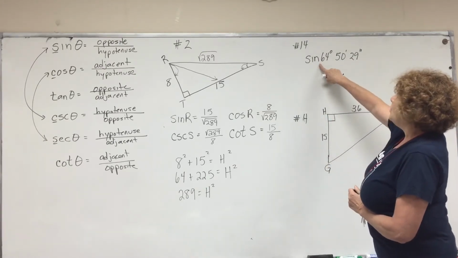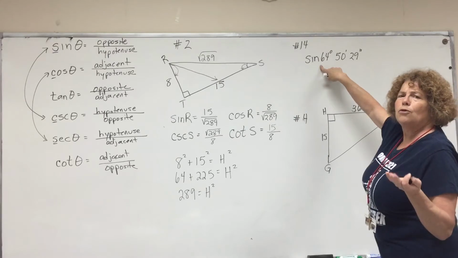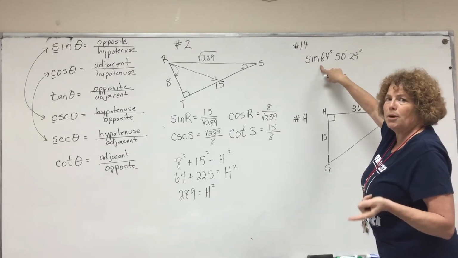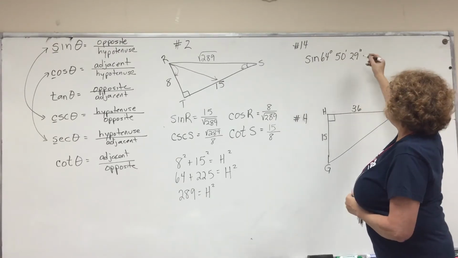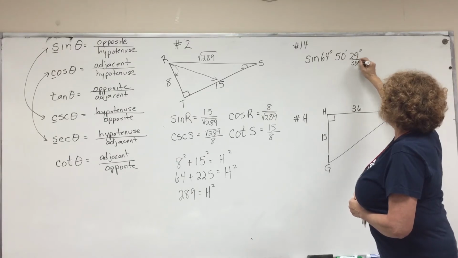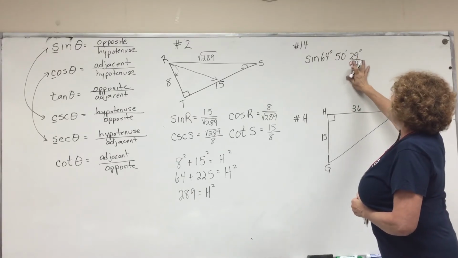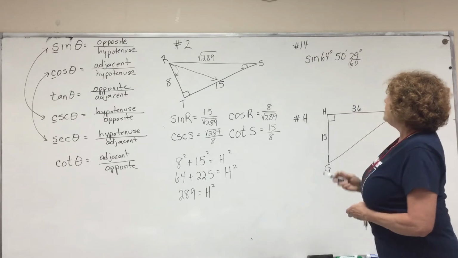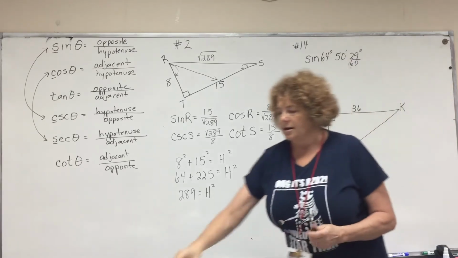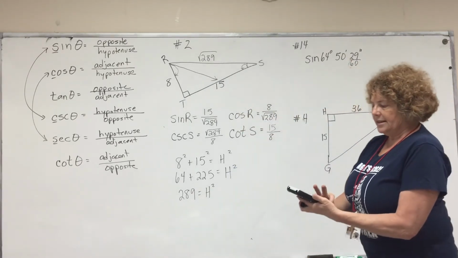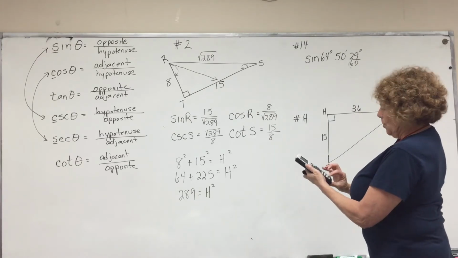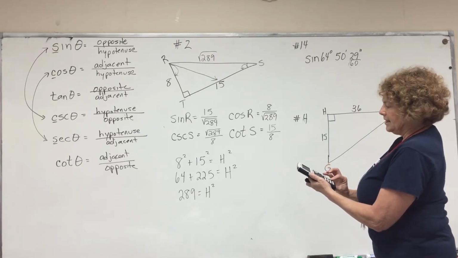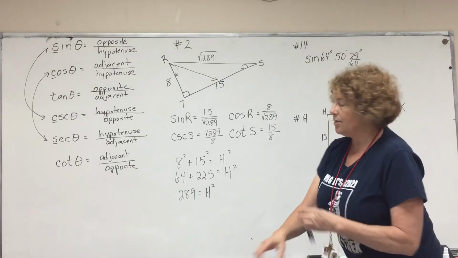So first we have to change this into a decimal form of just degrees to be able to punch it in our calculator. So 29 over 60 will give us our fraction of minutes. So we would say 29 divided by 60 is 0.483.